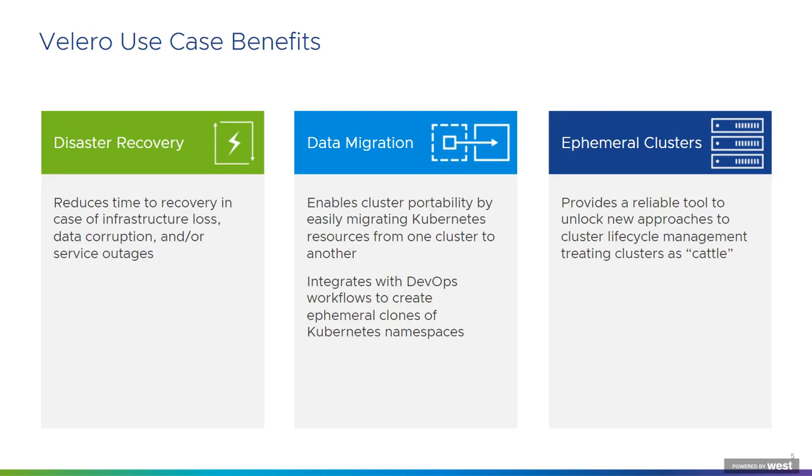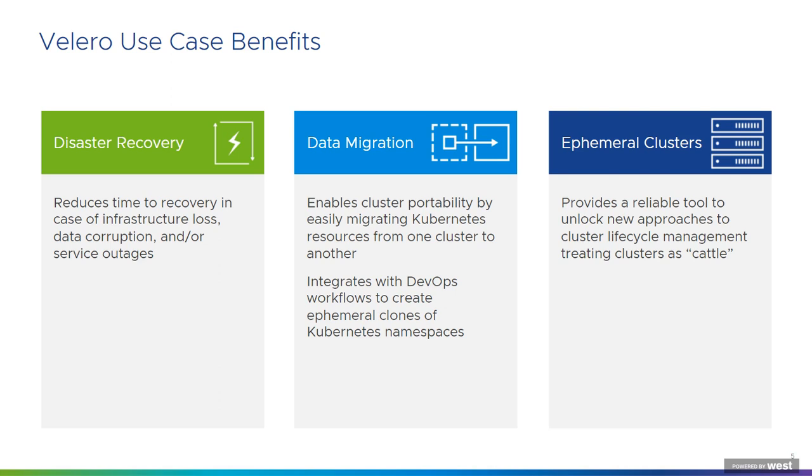So the use cases for Velero are similar to the use cases we talked about before for Kubernetes. There's a disaster recovery use case, where Velero really reduces the time to recover in the event of an infrastructure loss, data corruption, or other kind of service outage through its ability to restore to a new cluster or an existing cluster.